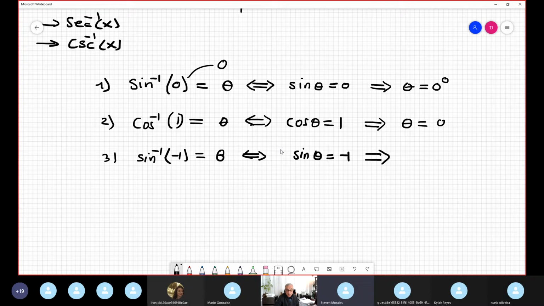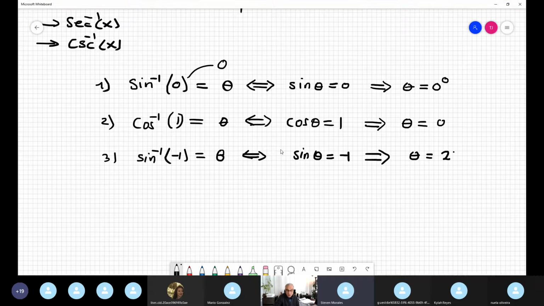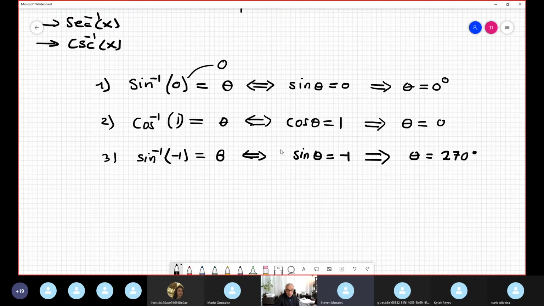My question now is more clear: what is the angle whose sine is -1? 180. Say again? 180? No, Professor, it's 270, no? 270. Very well. 270 degrees. Super. Okay, guys, little by little, you memorize this. Is this sine or cosine? Oh, it's sine. Okay, sorry.